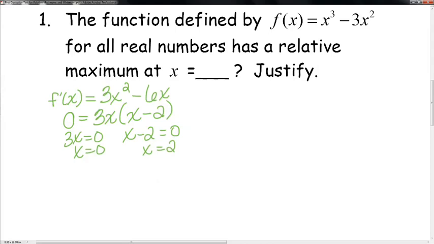So I need to figure out, using a sign chart, is my function going to have a maximum or minimum at 0 or 2? So let's set up our number line. And I have values where my x is 0 and 2.